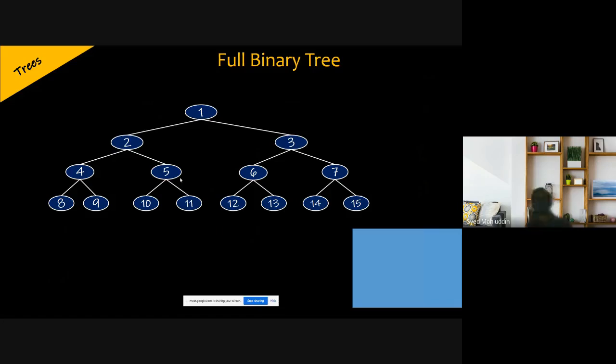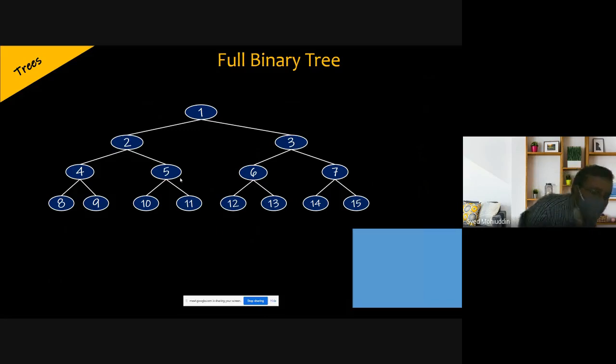There is also a formula through which the full binary tree is described. In terms of height, it says a full binary tree of height h will have exactly 2 power h minus 1 nodes.